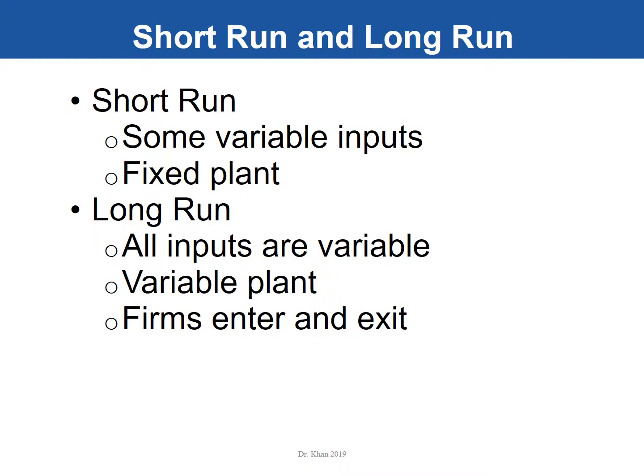So those kinds of things you can vary, but in this case, one ingredient is fixed, like your land size, your backyard size. So as long as you are operating your tomato production and sale business from your backyard, we know it's a short run activity because your backyard size, your plant size, your land size is fixed.